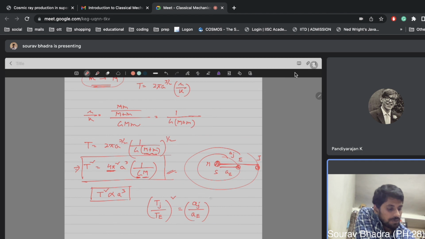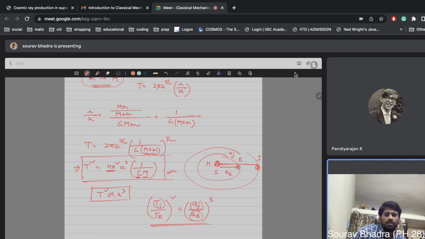So you can be given some problem, like it has been told that suppose Jupiter has a semi major axis of this much, and it has a time period of this much, and Earth has a semi major axis of this. So your aj, ae and tj are given, and you can calculate your T very easily from this particular expression.